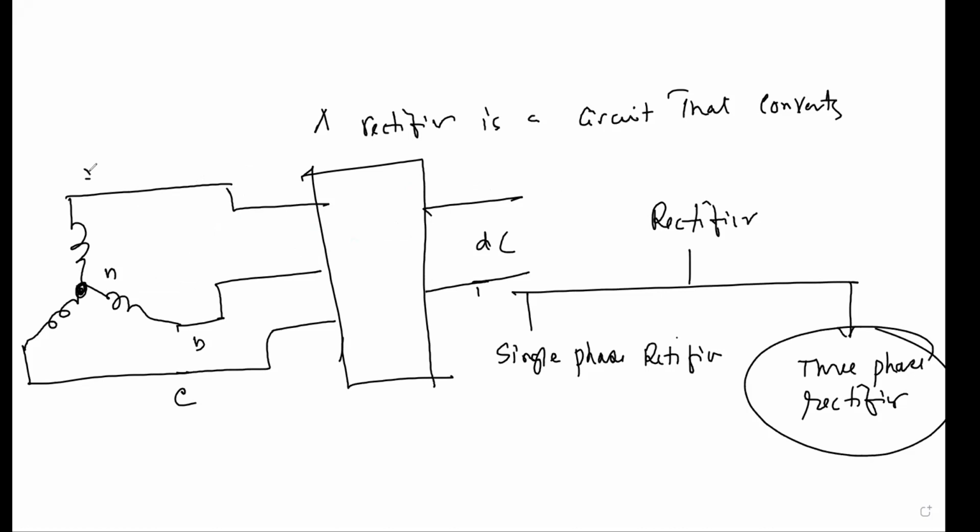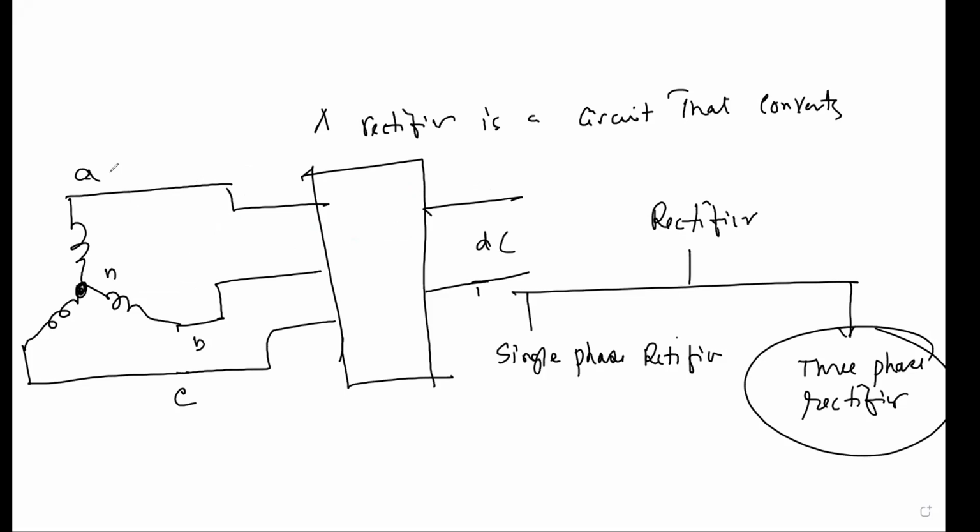You got my point? If you use the three phase line as the input, then it will be a three phase rectifier, and your output will be DC. And if you take single phase, that is your single phase rectifier, the circuit will also be defined.